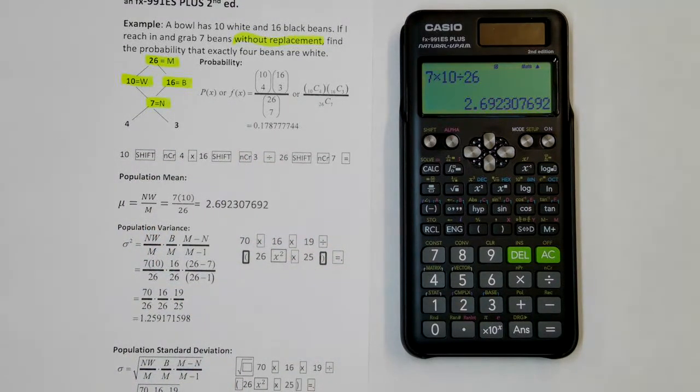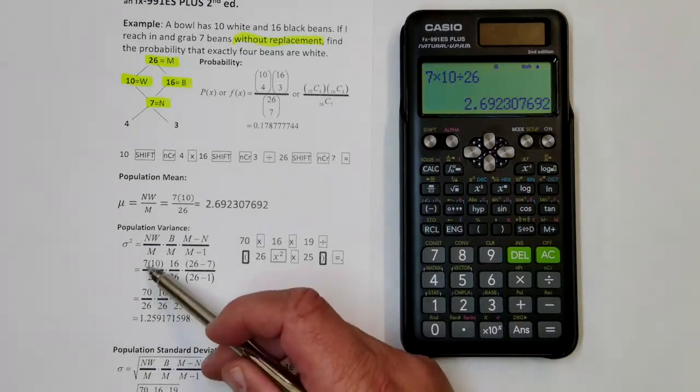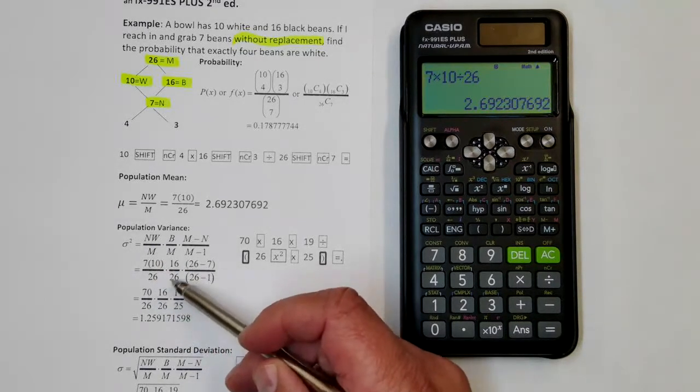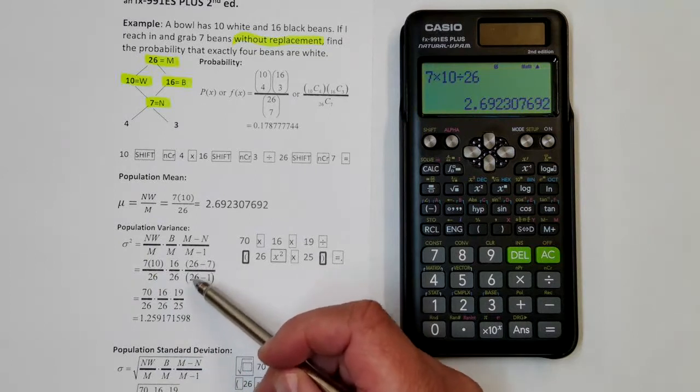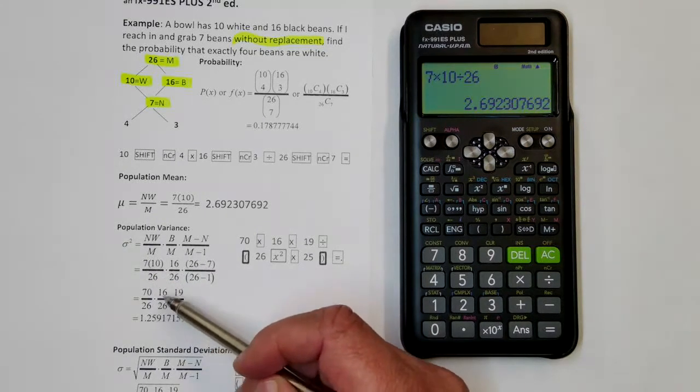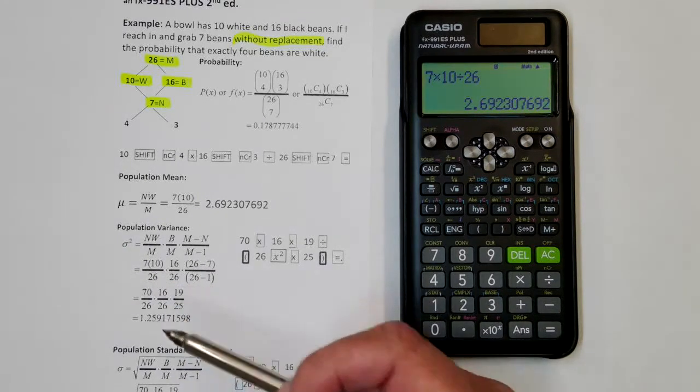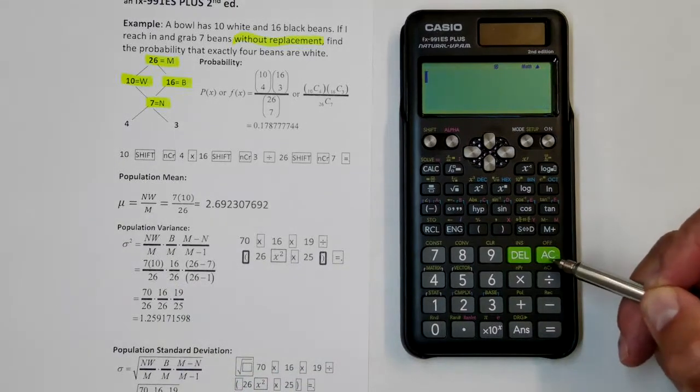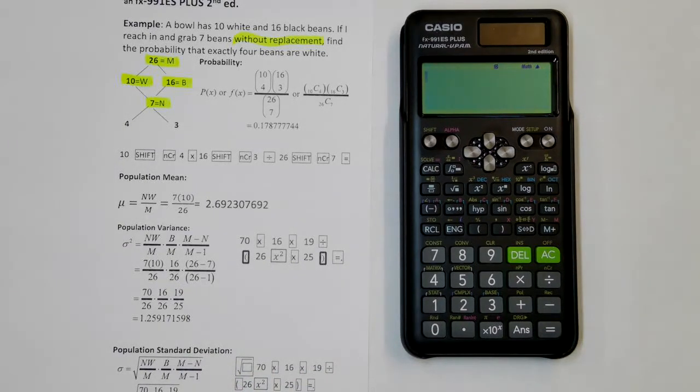So clearing that, it goes 70, since 7 times 10 is 70, times 16, times 19, since 26 minus 7 is 19, over 26 times 26 times 25. You could do this a couple of different ways, and I'll show you 2 ways. You decide which way you like better.